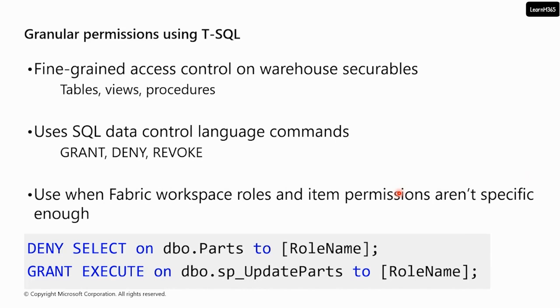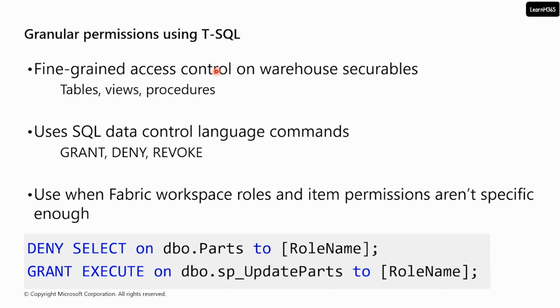Granular permissions allow organizations to adhere to the principle of least privilege, which means it will ensure that only the users who need specific access to certain data or features are granted the permissions. In T-SQL, we can control these permissions through a series of commands and security configurations.